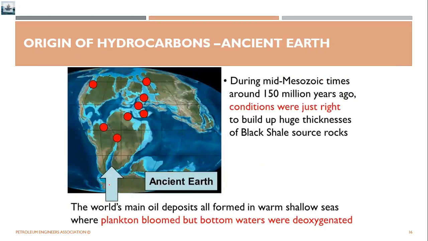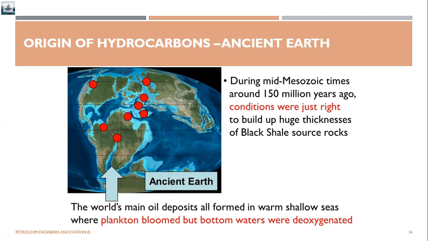Now, where do we mostly find the hydrocarbons, or where has this transformation of the organic materials into kerogen and then eventually to oil and gases mostly happened? Like I said at the very beginning, there are certain necessary requirements that should be satisfied.